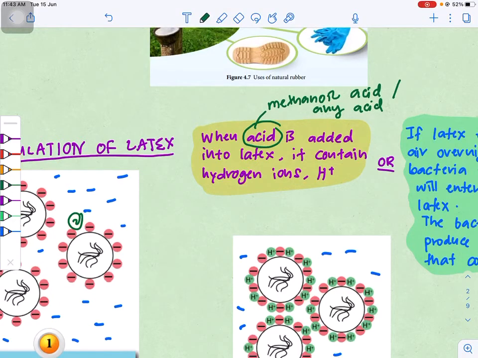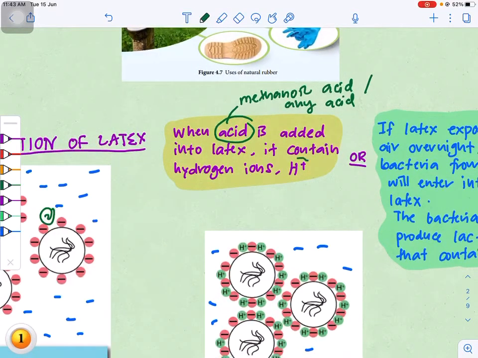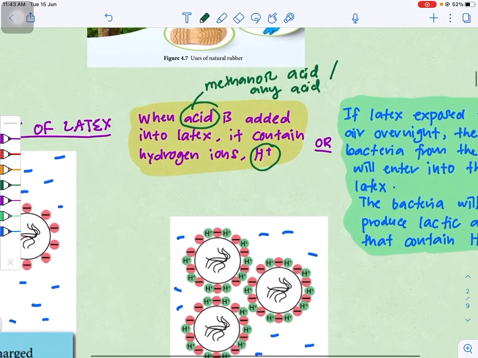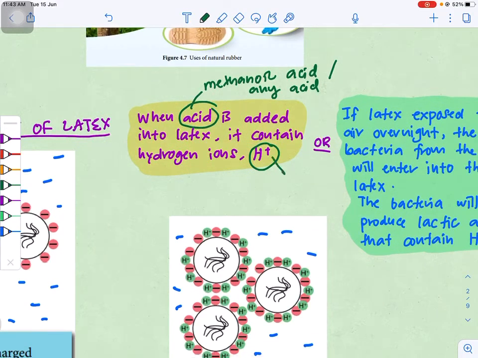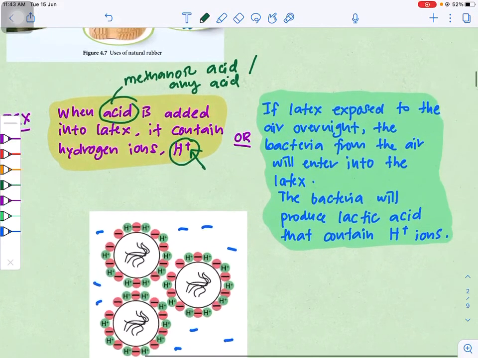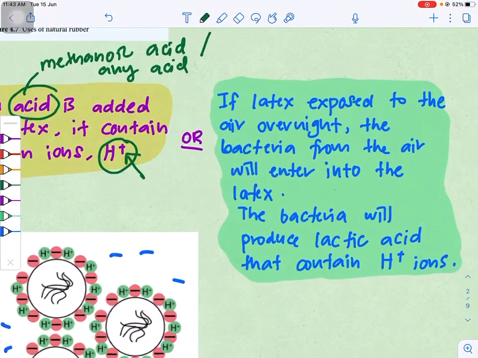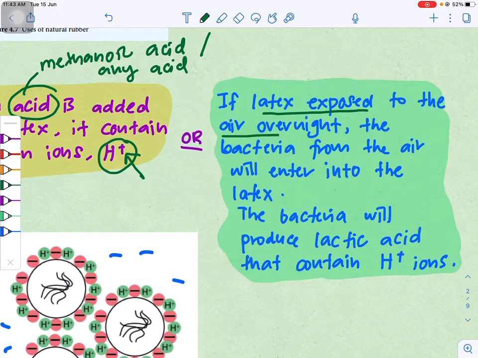What do we have in acid? Everyone knows acid contains hydrogen ions. This is one situation, where we add acid, or cuka getah. Or maybe we don't add acid, to save budget, so we just let the latex be exposed overnight. Latex exposed to the air overnight.